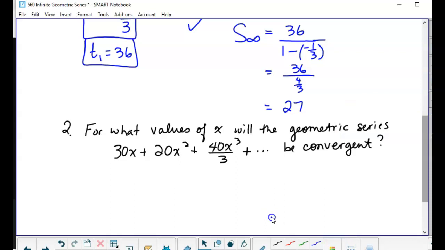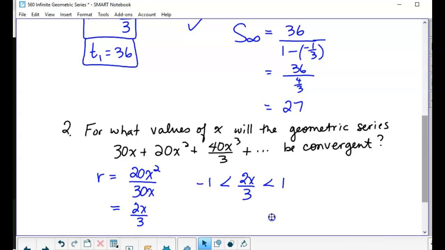Okay, so for an infinite geometric series to be convergent, the common ratio has to be between -1 and +1. So we want to get the common ratio: take the second term and divide by the first term. In this case, there's x's in them, so simplify. That's going to be 2x over 3. Remember your rational expressions. So 2x over 3 has to be less than 1 and greater than -1. We want to solve for x, because it says for what values of x.